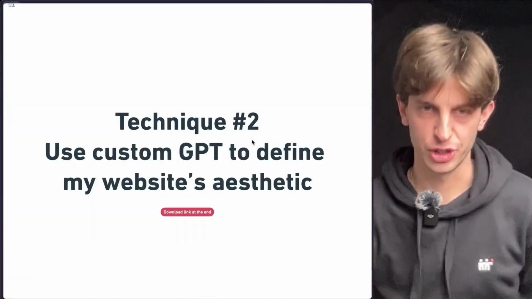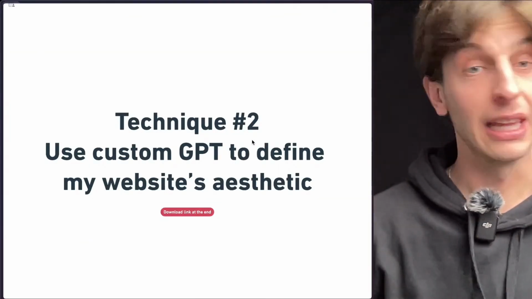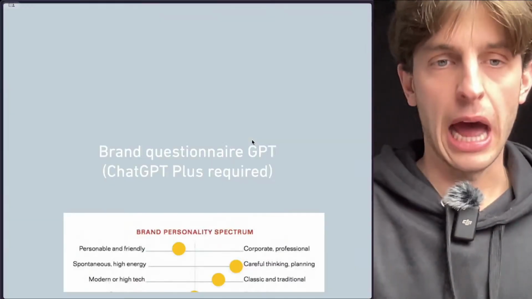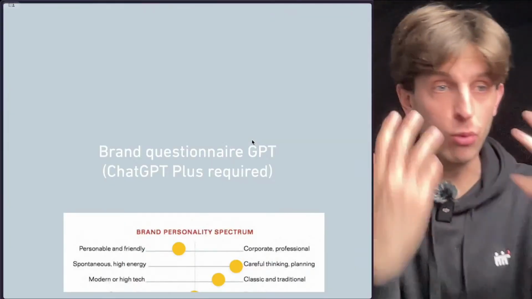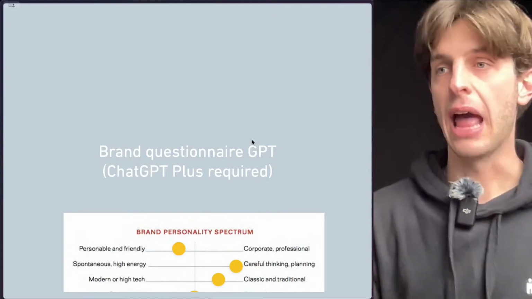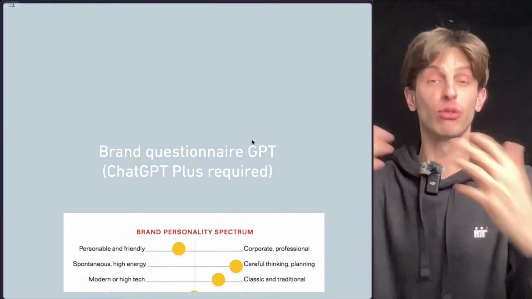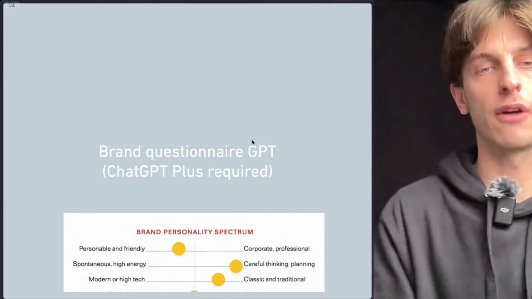The second technique I want to share is something that I love doing when I have consulting clients. I actually go through this sort of back and forth to define what do they actually want, what's the intention of the website. And one of the steps of this back and forth is thinking about the visual, the aesthetic of the website.